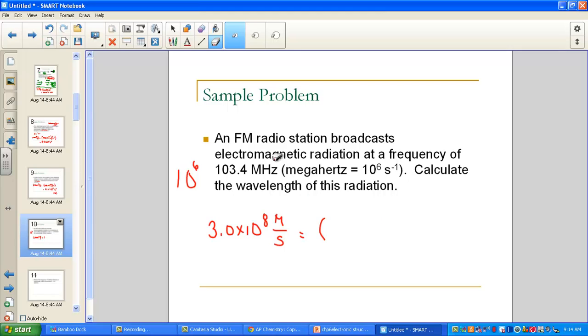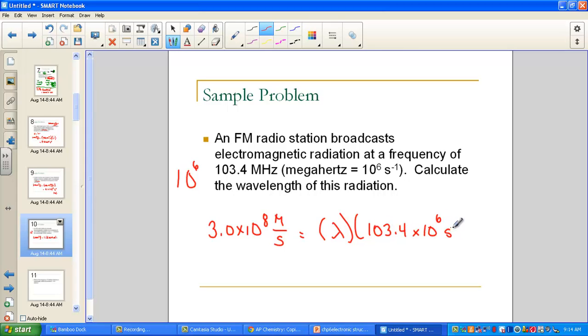We want to calculate the wavelength. Here's the wavelength, I was writing it in the wrong spot. We want to turn this into a frequency unit of per second. So 103.4 megahertz has to be written as 103.4 times 10 to the 6th per second.